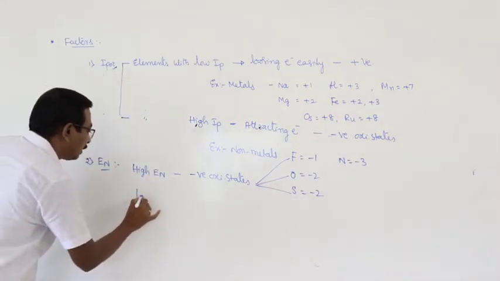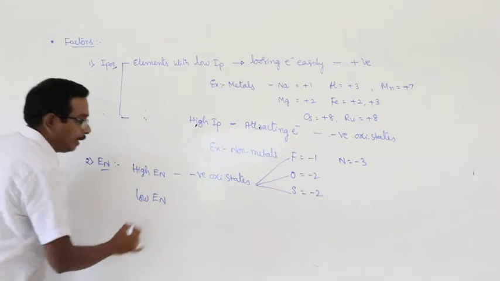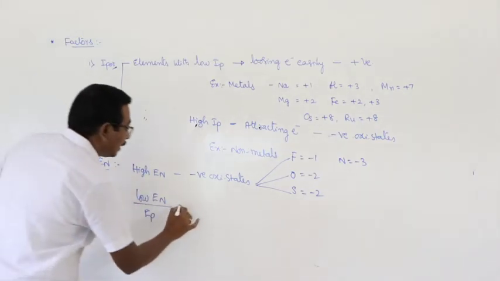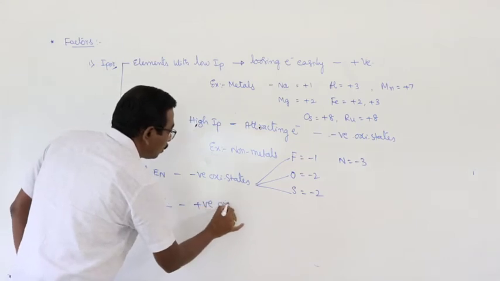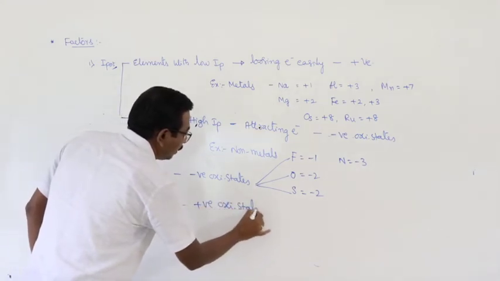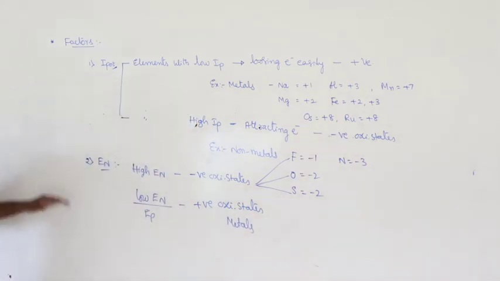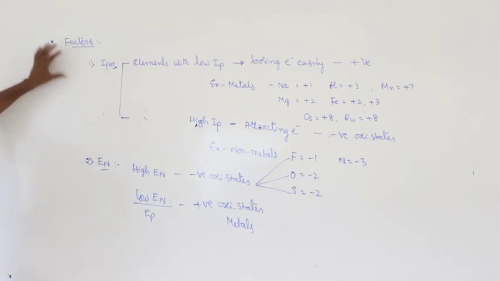And elements with low electronegativity, meaning they are electropositive, exhibit the positive oxidation states. Example, metals. So, both the ionization potential and electronegativity, which are periodic properties, influence the oxidation state shown by an atom of an element.